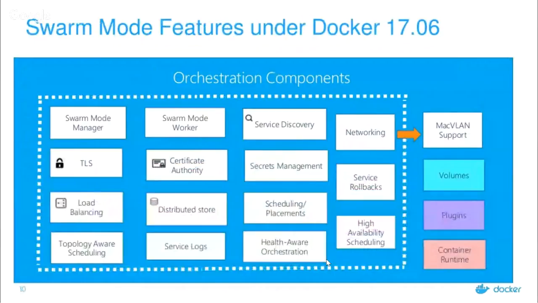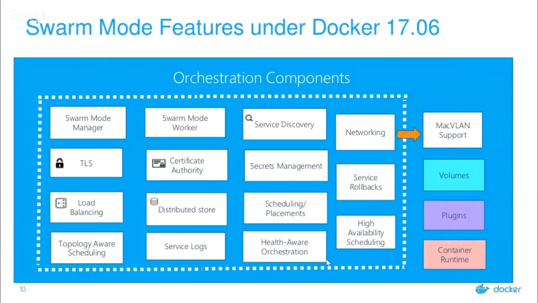If you look at Swarm mode under 17.06, the latest stable release we have, a bunch of orchestration components have been introduced: service discovery, secrets management, scheduling and placements, distributed store, load balancing, topology aware scheduling, service logs, health aware orchestration, service rollbacks, and the most recent one, Macvlan support.